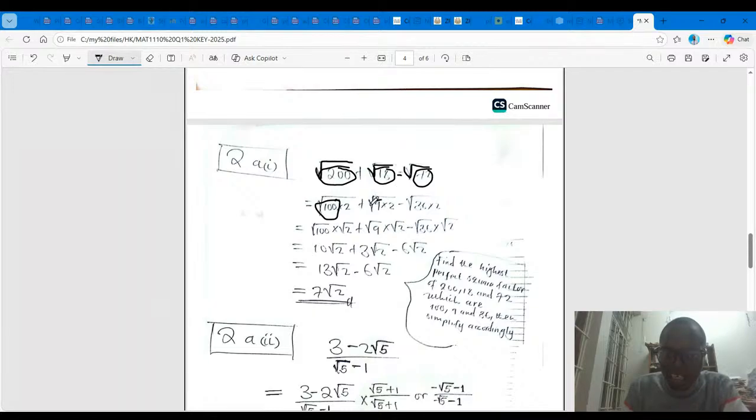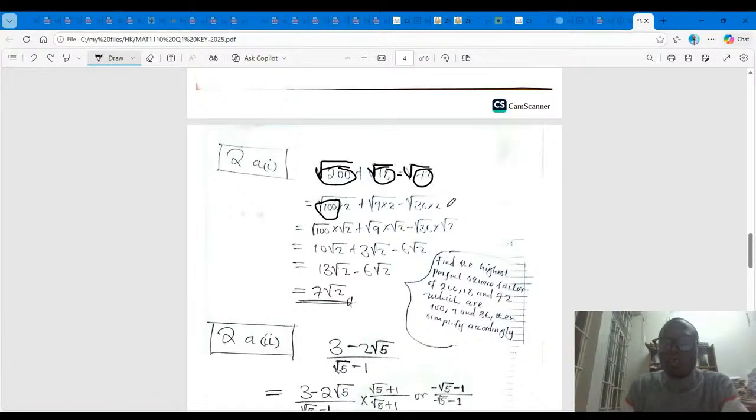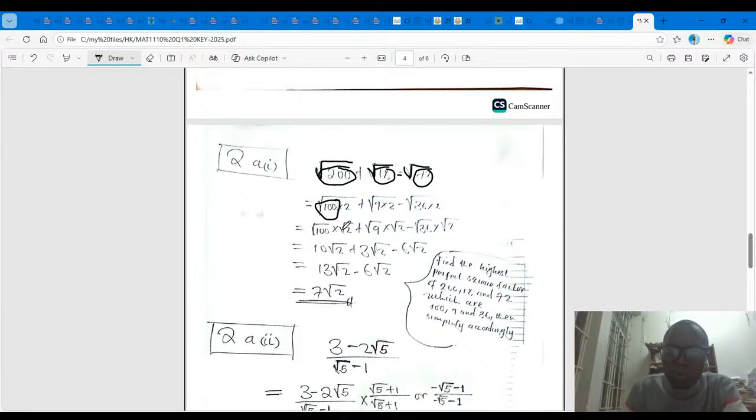That is 9. And how many 9s are in 18? That is 2. So that is 9 multiplied by 2. What is the highest perfect square of 72? That is 36. How many 36 are in 72? There are 2. So you write that and distribute the square root according to the properties of surds.